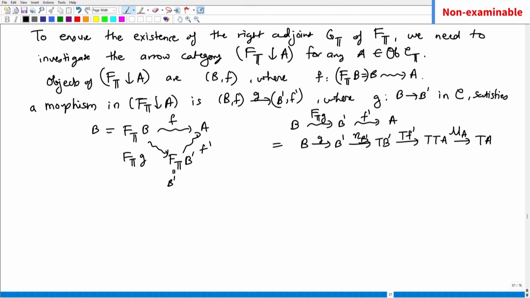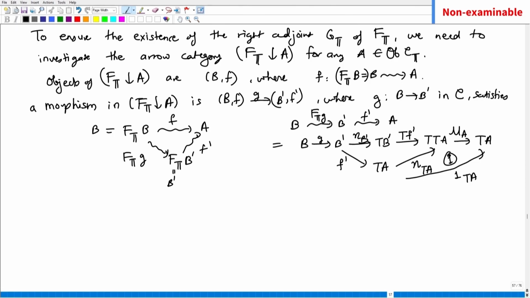Now, obviously you can see there is some diagram that we have to use. This is eta sub B prime, this can go to TA and TA to, this will be eta sub TA, and this will be F prime. Then eta sub TA followed by mu sub A, that is 1 sub TA, and this is property 2.1. I think eta sub T is 1.